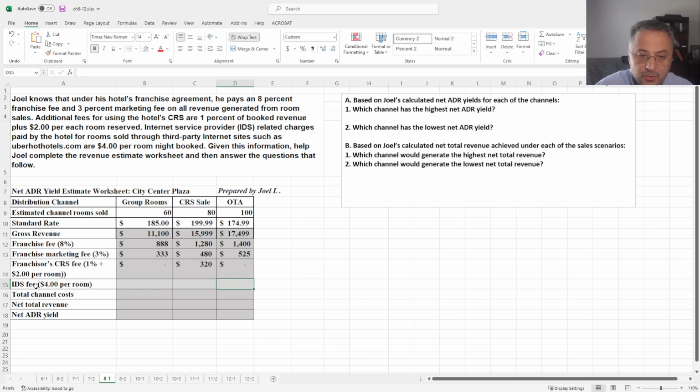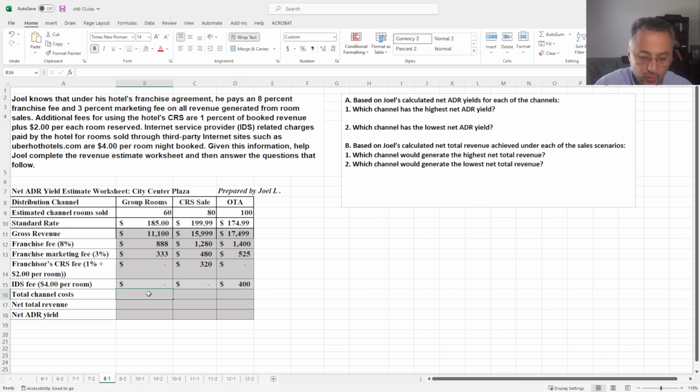Now, internet distribution system, which is an internet service provider like Expedia, in this case uberhotels.com. We don't pay anything for the group rooms. We don't pay anything for CRS, but there will be additional $4 each room sold. So it's $400.